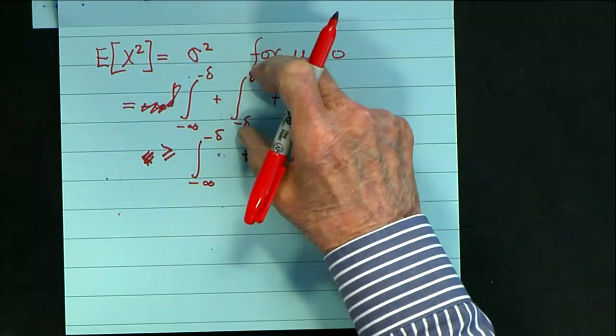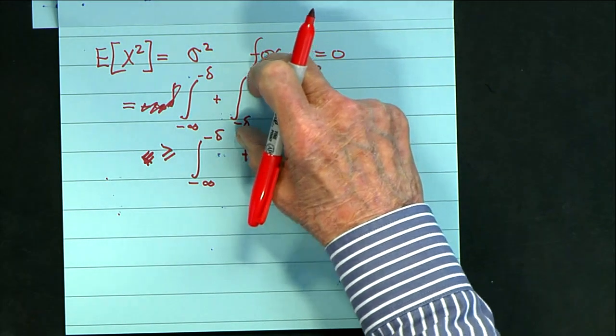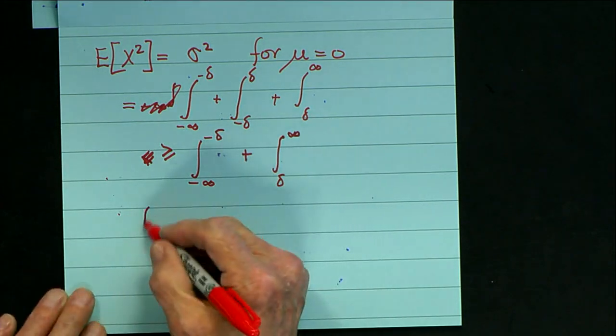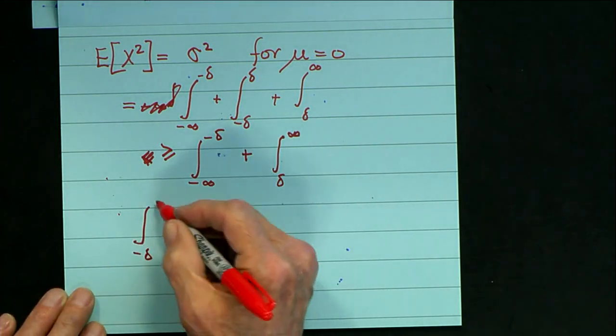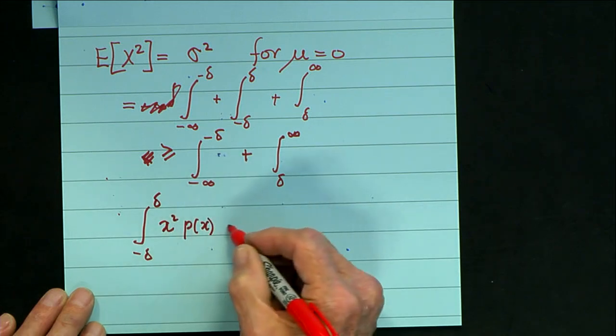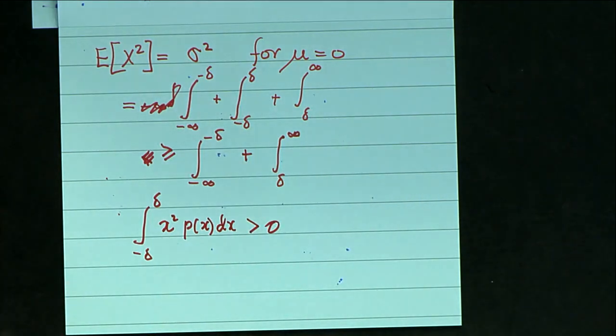Because this middle integral is not zero. That integral is greater than zero.